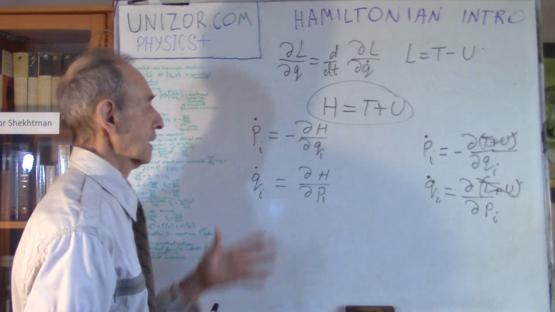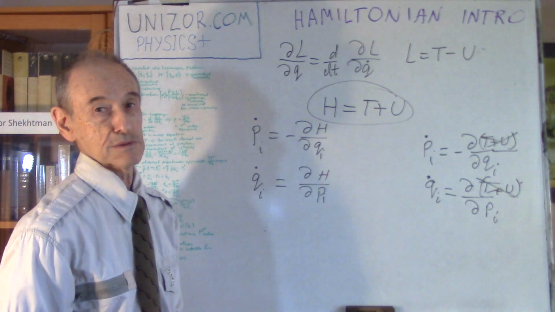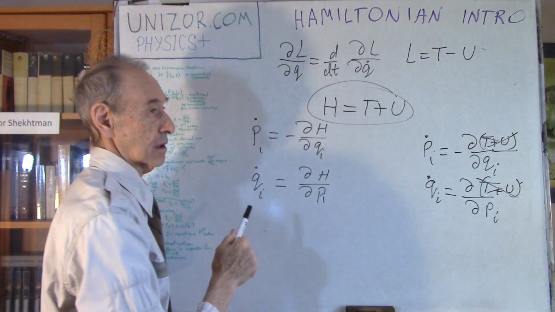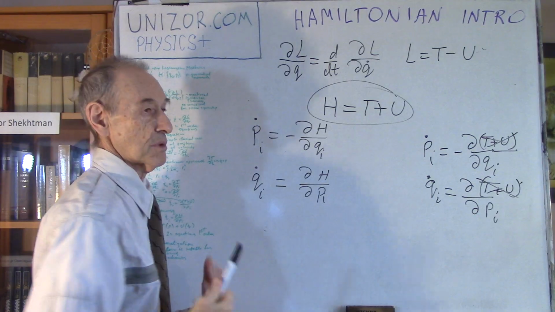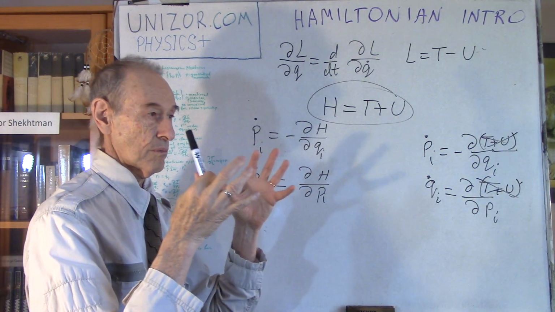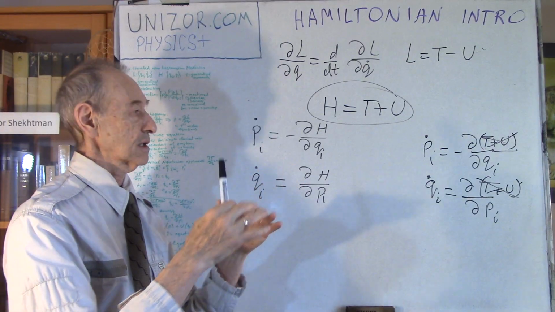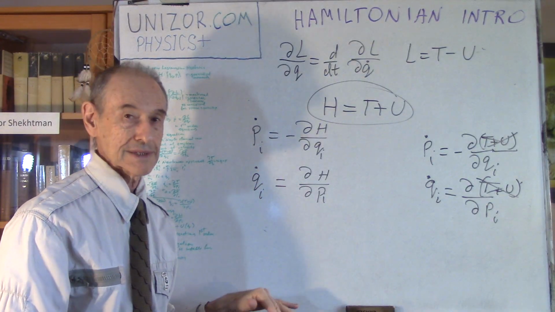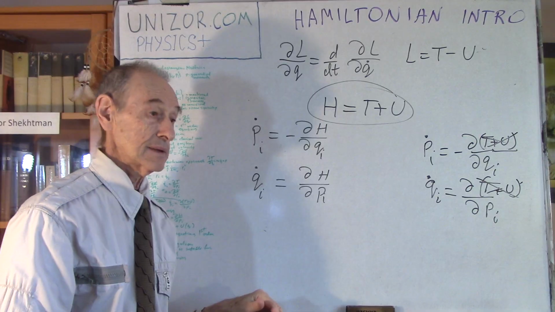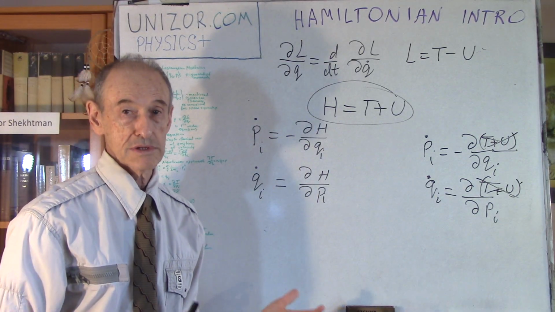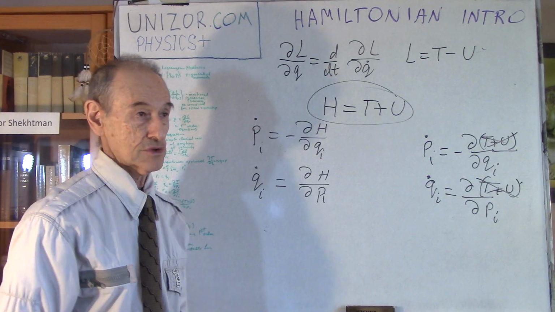I do like how it looks much better than this one, although there are 2n equations and only n here, but each equation seems to be much simpler. So the more complicated problem we have divided into less complicated problems. And each particular problem is easier to resolve because it's a first order rather than a second order equation.